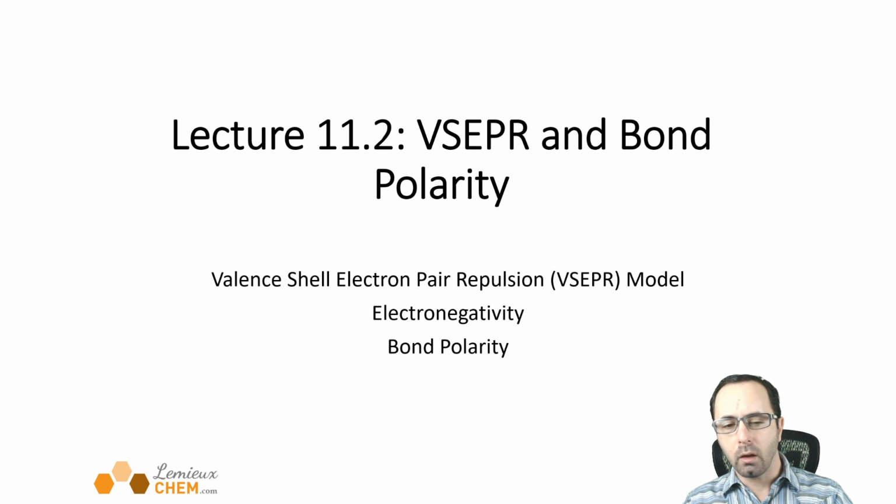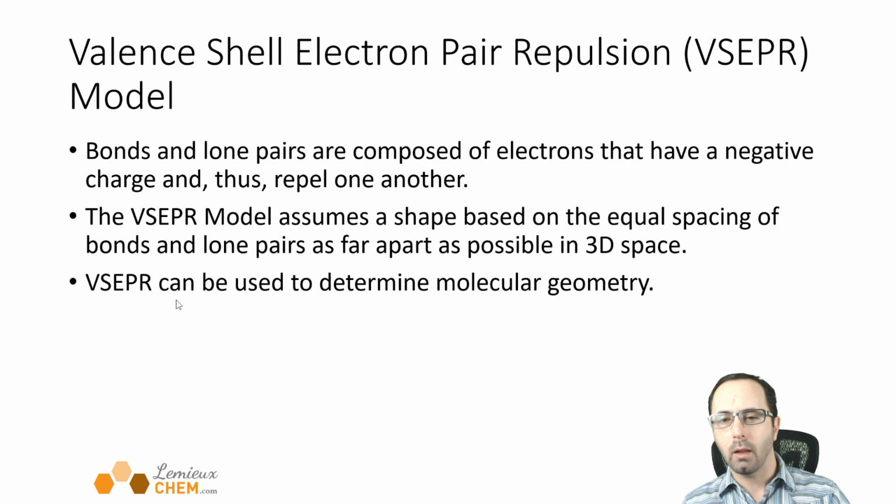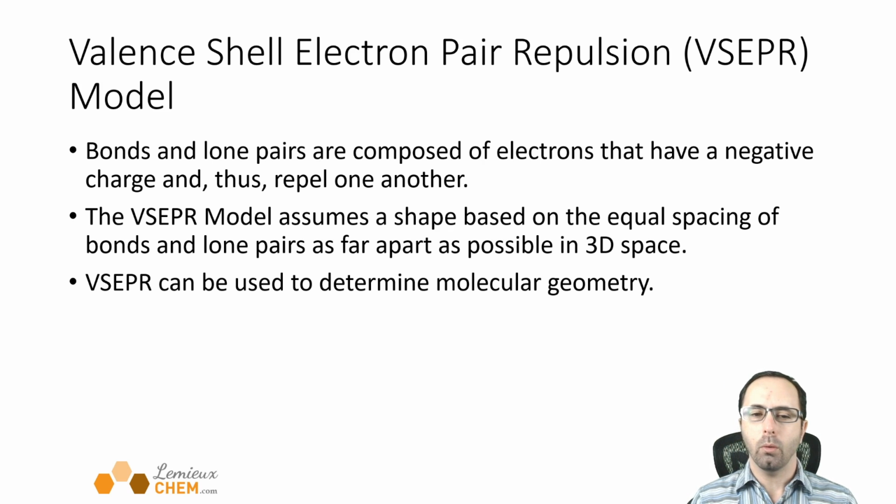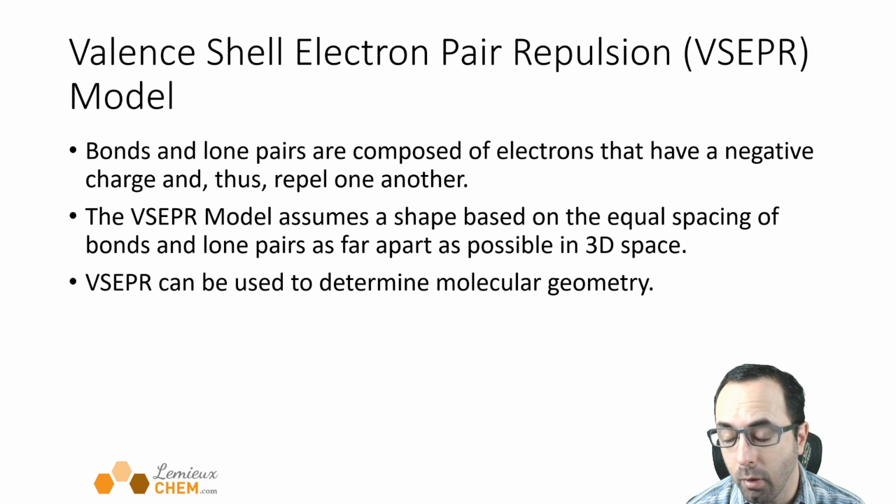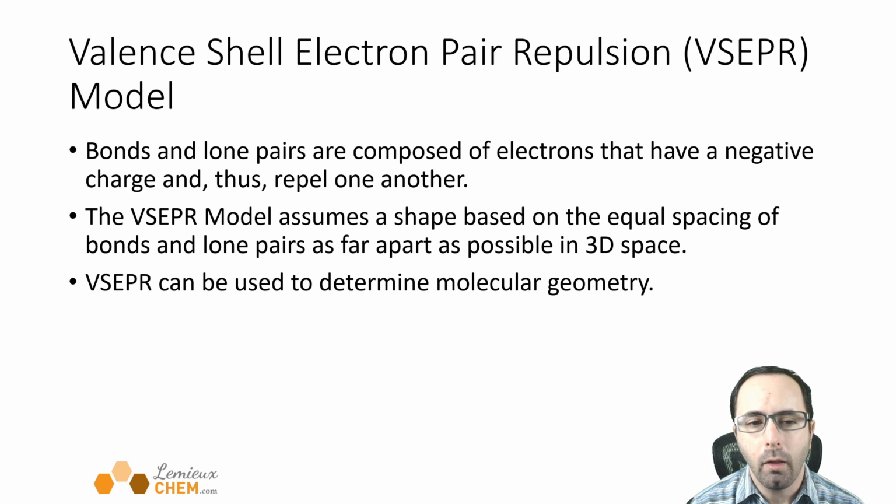So let's go right into the VSEPR, the valence shell electron pair repulsion model. This model is a very simple model, really. All it says is that because bonds and lone pairs are composed of electrons and have negative charge, they repel one another.